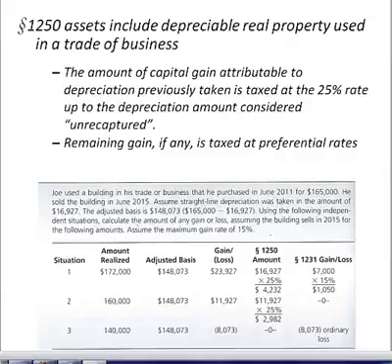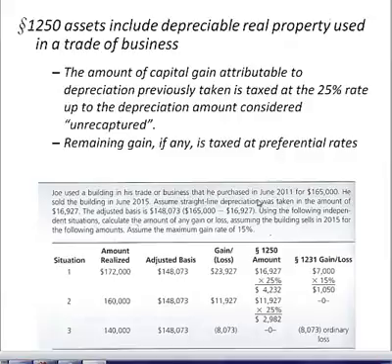So the amount of capital gain attributable to depreciation previously taken is taxed at the 25% rate up to the depreciation amount considered unrecaptured. So this is like the depreciation portion of the gain for the Section 1245 property, except we don't tax it at ordinary rates, we tax it at the 25% rate. Any remaining gain in excess of the depreciation gets preferential tax rates.